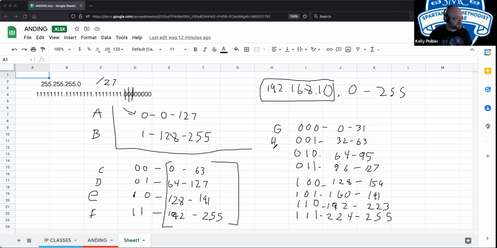We doubled the number of networks, so we went from 8 to 16 networks. What would happen to the number of computers per network? It would cut in half, right? Twice as many networks means half as many. One goes up, the other goes down.